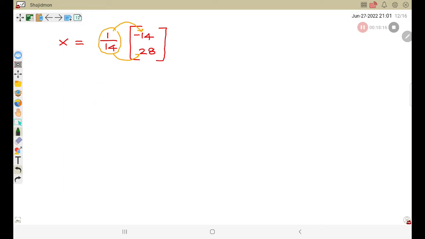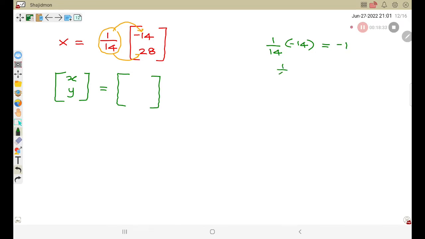Capital X means the X and Y matrix equals this matrix. 1 by 14 multiply -14, you will get -1. Then 1 over 14 multiply 28, you will get 2. So -1 and 2.